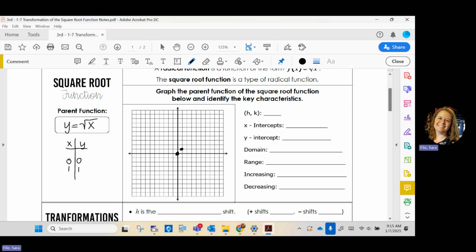So what's the next integer that we can take the square root of and get an integer output? 4. What is the square root of 4? The square root of 4 is 2. Oh, my pen stopped working on me. There we go. So there's a point at 4, 2.